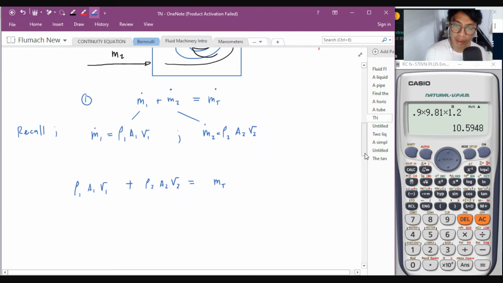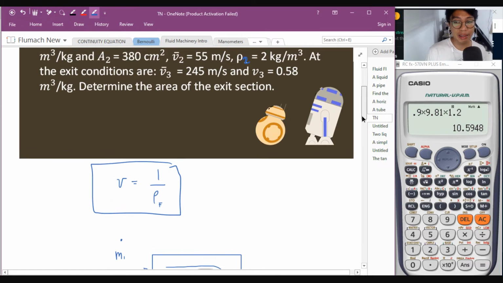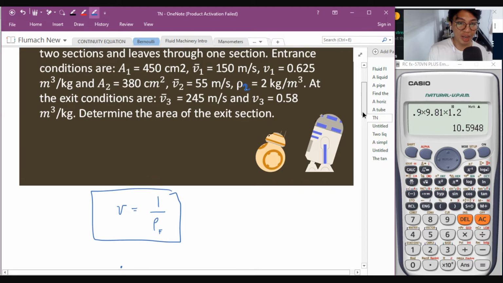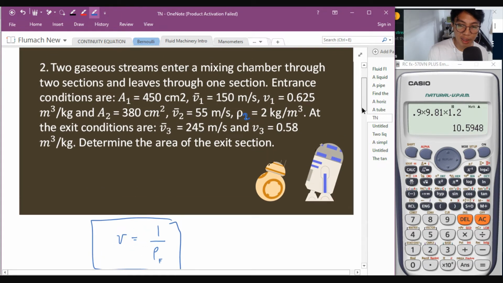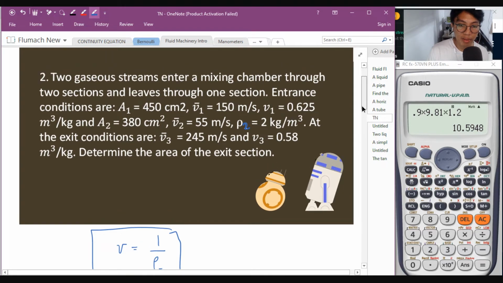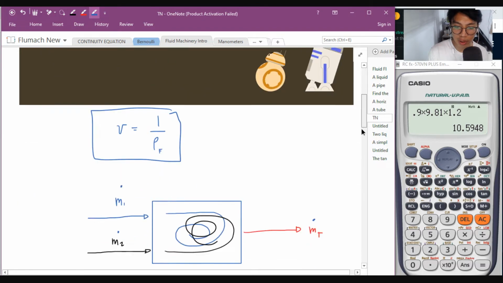The problem there is, wala tayong density 2. As what I've said, density is the reciprocal of your specific volume. Ayan. Okay? So, nagbigay dyan ng conditions ng density 2. Okay, pwede natin makuha to.